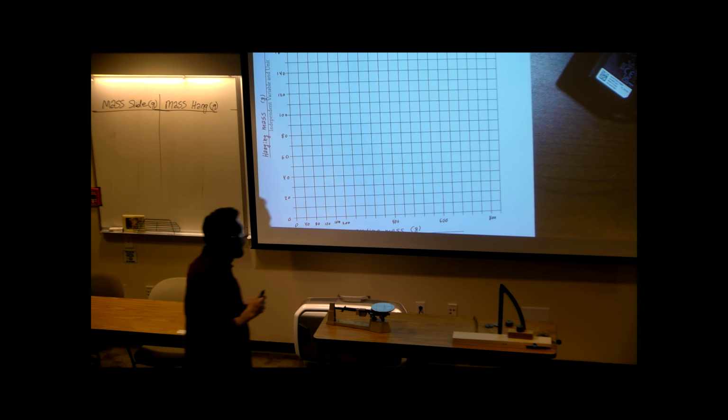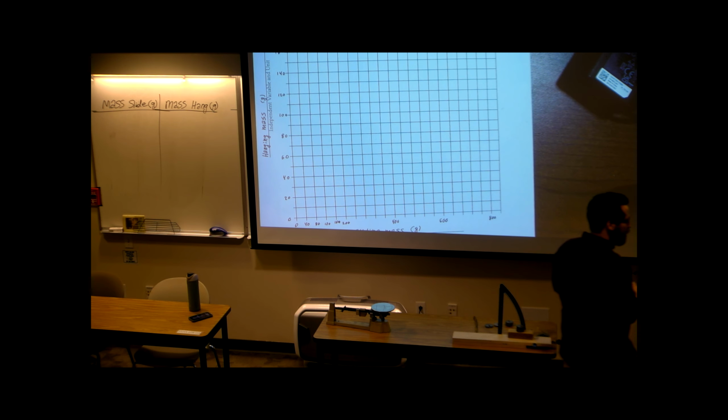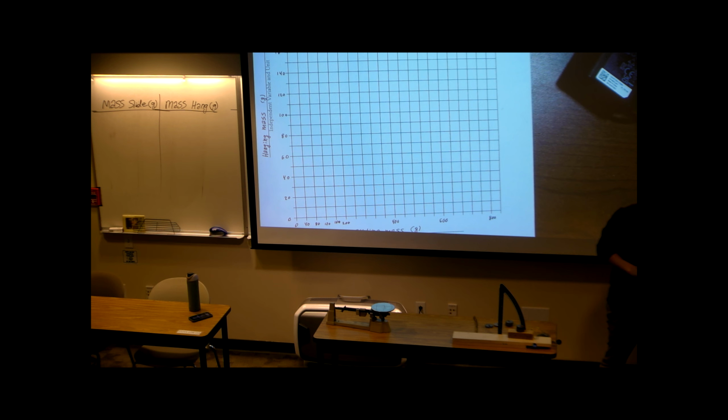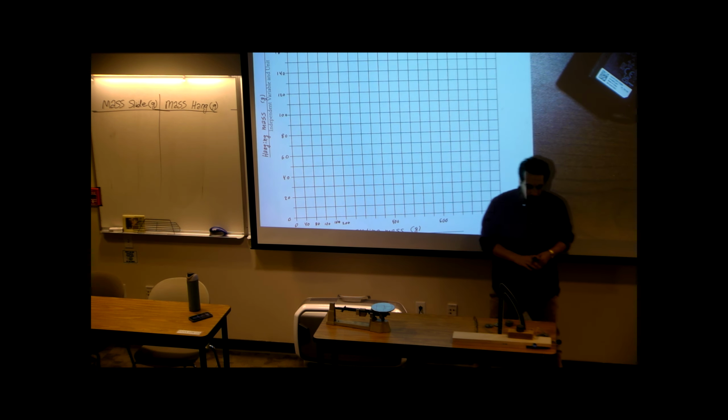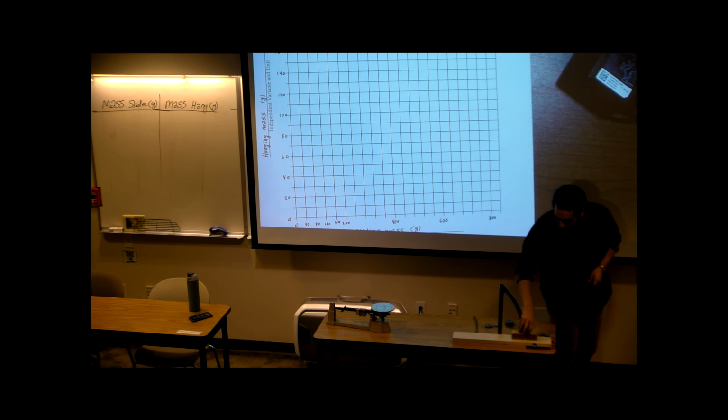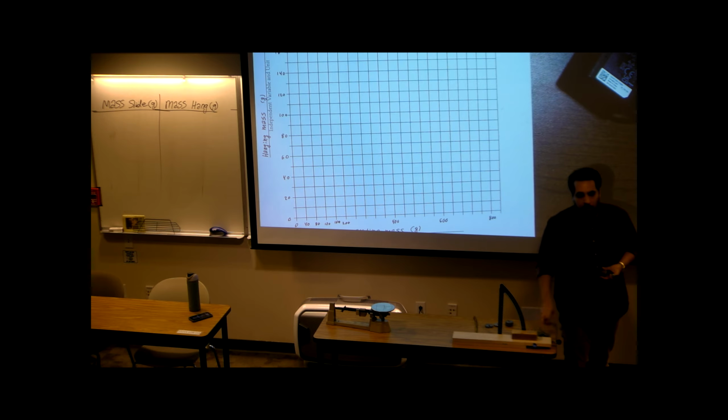All right, so here's what we're going to do. We're going to start off by looking at this thing and saying, okay, well, the block has a mass of 150 grams. I put an extra 400 grams on it.